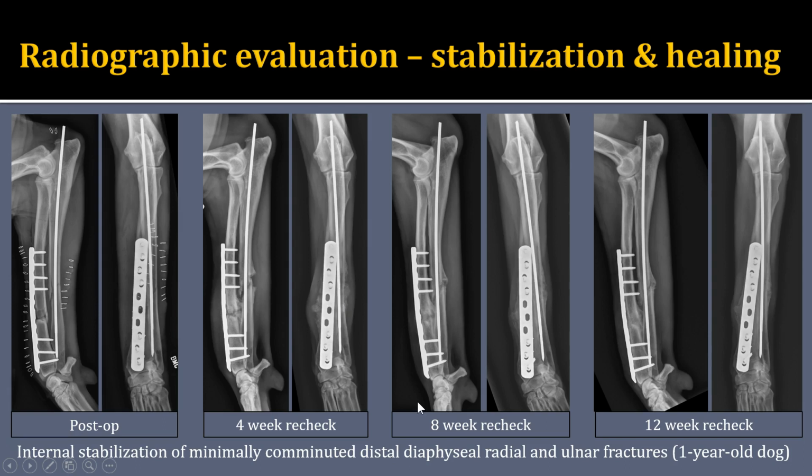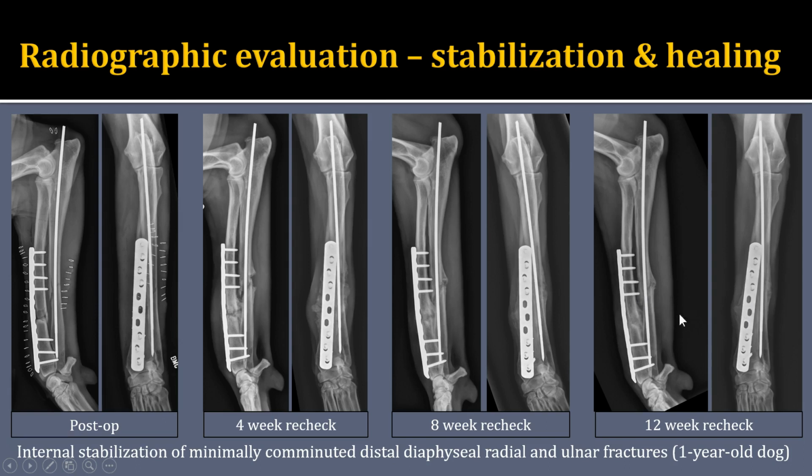At 8-week recheck, we have some remodeling of that callus on both the radial and the ulnar fractures. The fracture line is even less visible, but still present. And then on this 12-week recheck, we can see that there has been additional remodeling. The callus is less exuberant, shall we say.